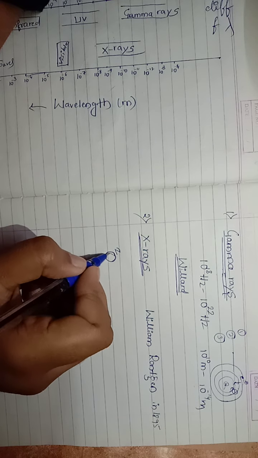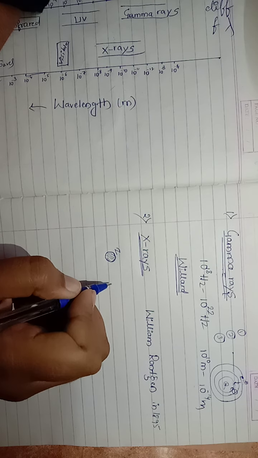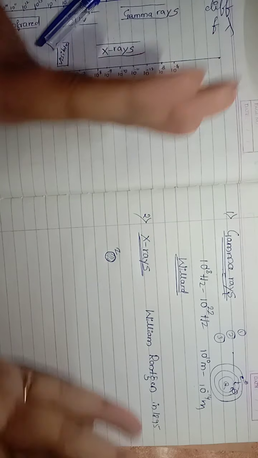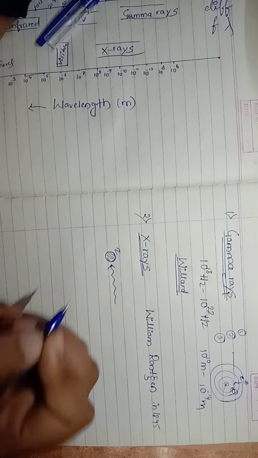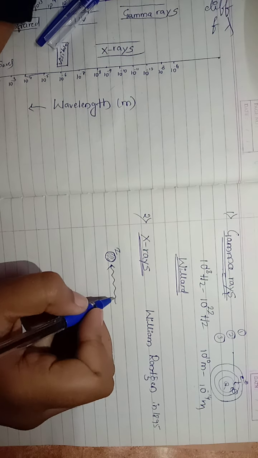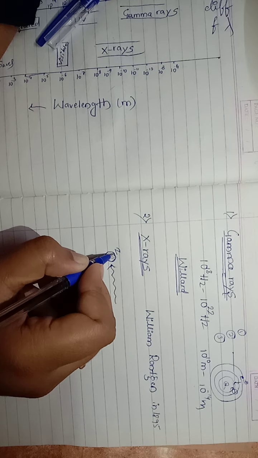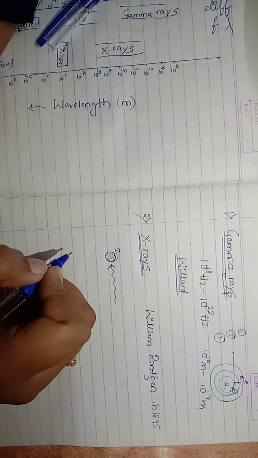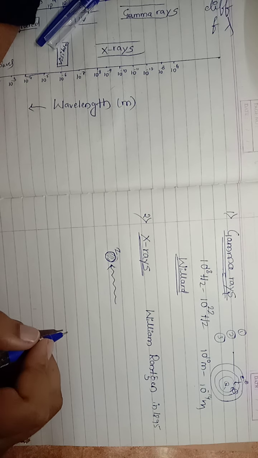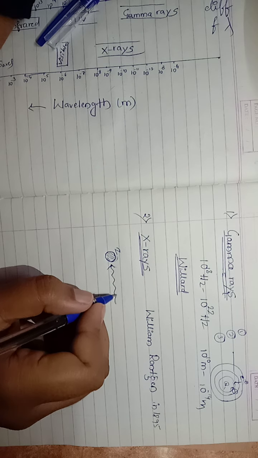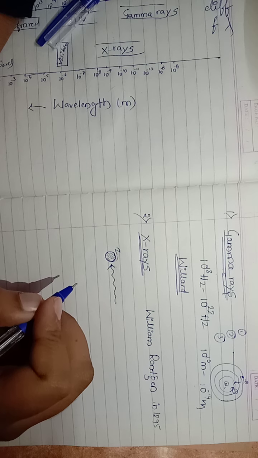This atom of higher atomic number should be bombarded, meaning collided with a beam of fast moving electrons. When the beam of fast moving electrons bombards the nucleus of higher atomic number, X-rays are produced.